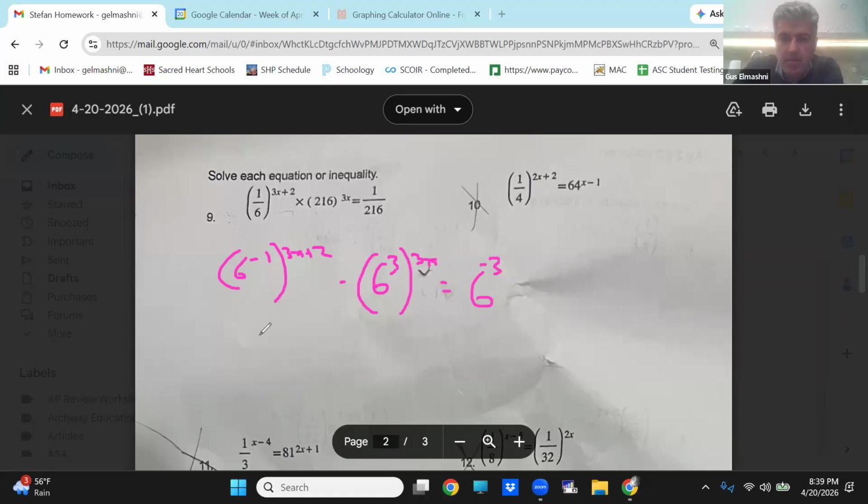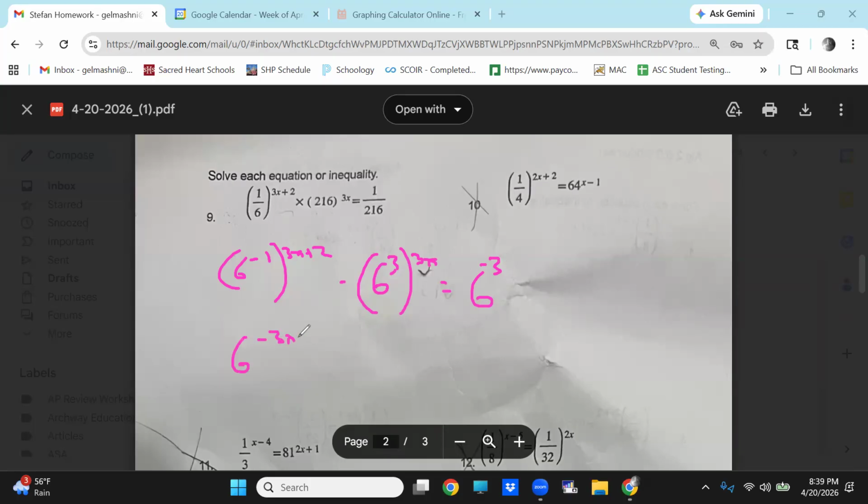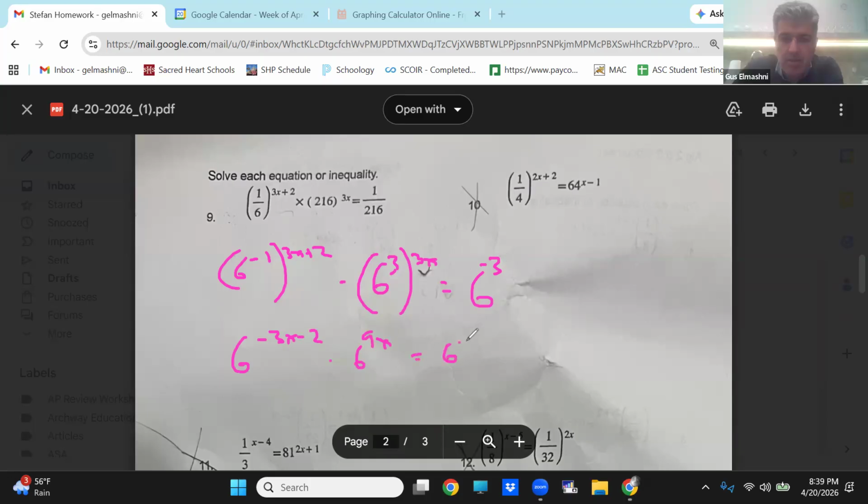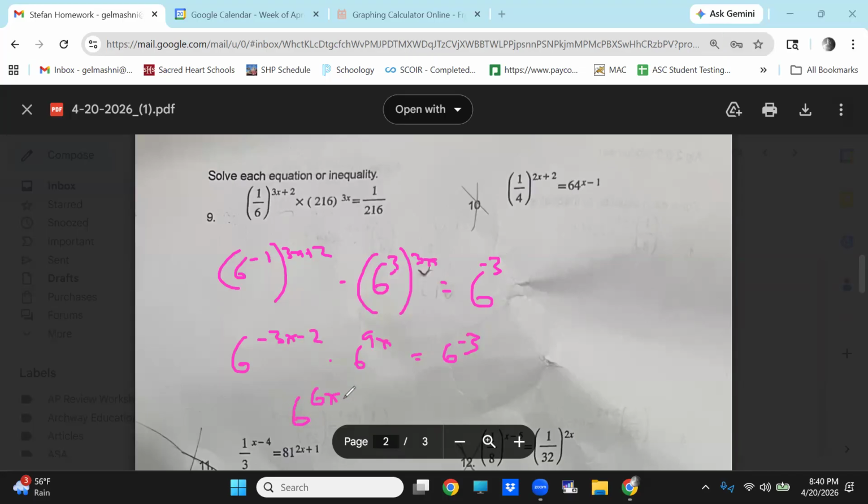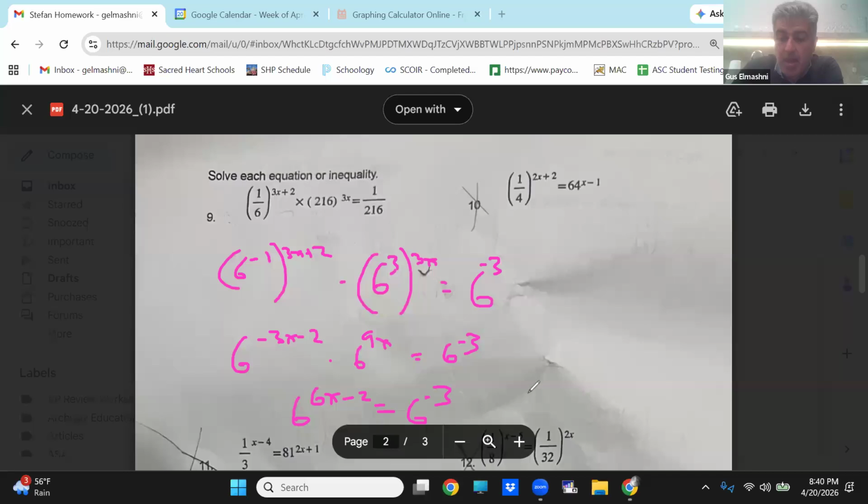So 6 to the -3x minus 2. That's 6 to the 9x. So you add the exponents. The bases are the same, so then the exponents have to be the same.